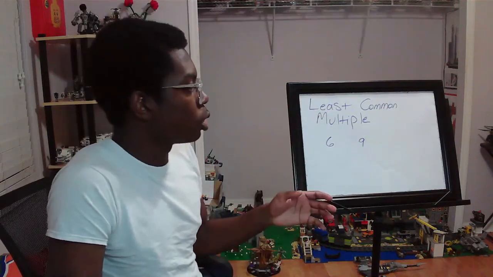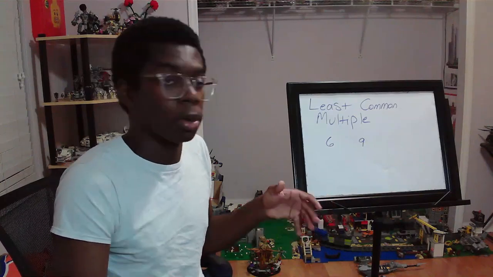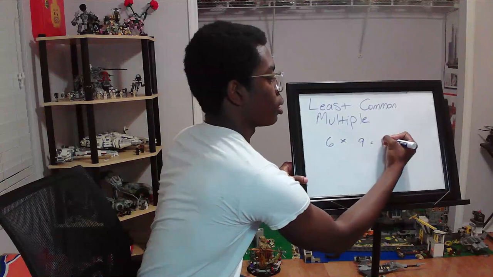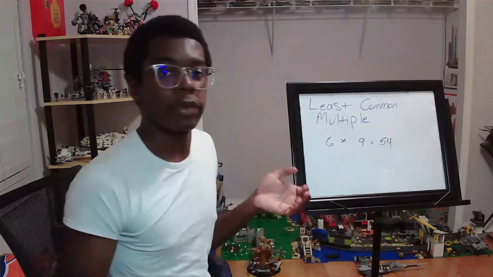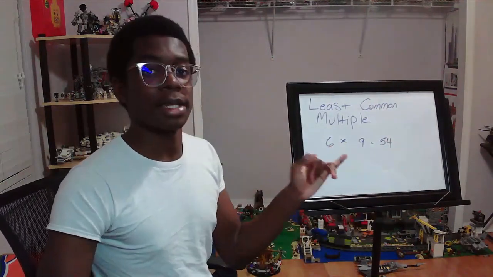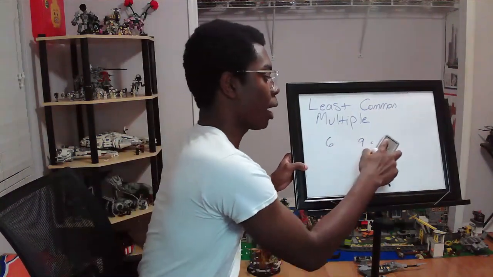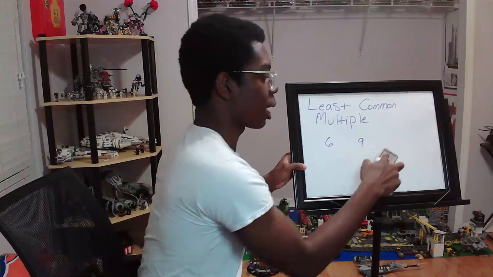So of course, you could always find a common multiple by just multiplying these numbers together. 6 times 9 would equal 54. This may not be the least common multiple though. So we have to check to see what that might be.